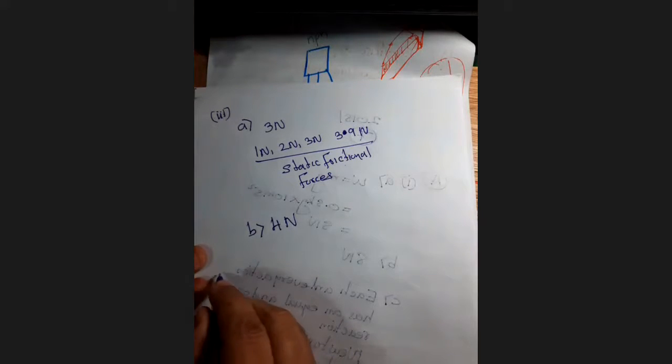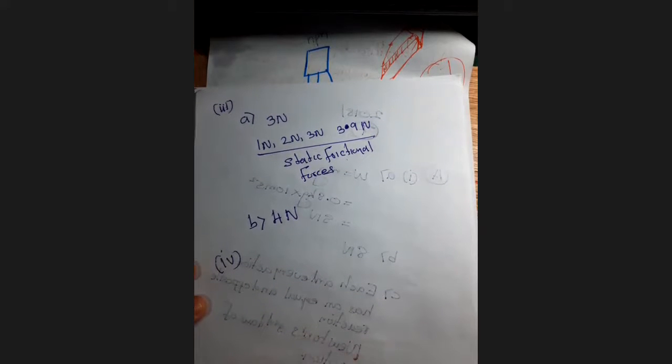Right. Question number 4. It was required to drag a large block of wood along a flat, rough surface. State 2 different methods that can be used to reduce the friction between the two surfaces.